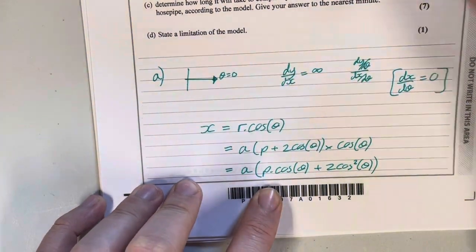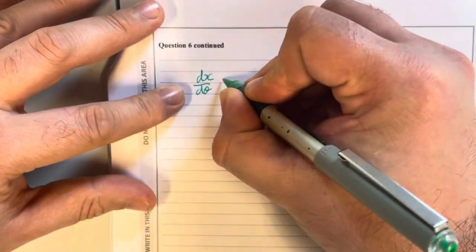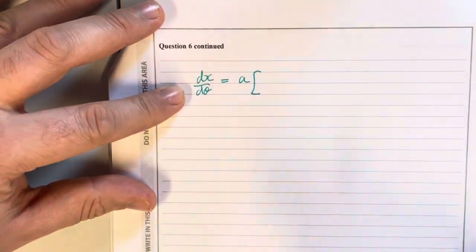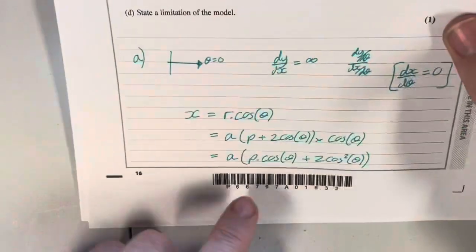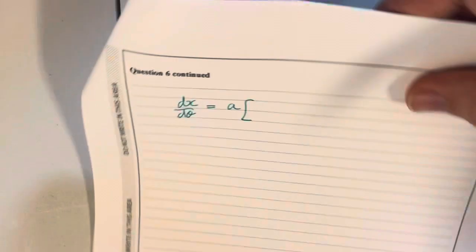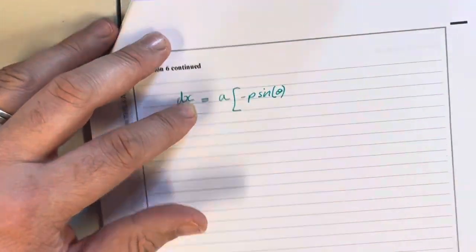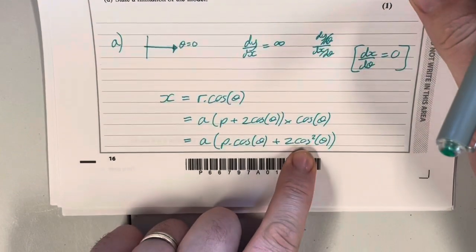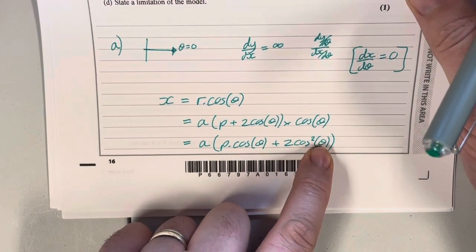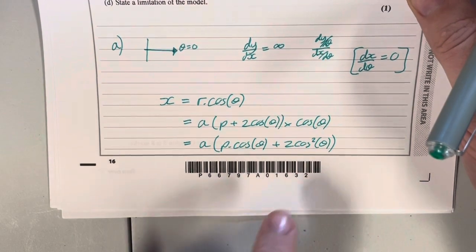So, differentiate it. dx by d theta, the a is going to come out as a multiplicative constant. Cos differentiates to negative sine, so that's going to be minus p times the sine of theta. And then this second term, use a little chain rule, and that's going to come to 4 times cos of theta, then you need to times by the differential of cos of theta, which is minus sine of theta.